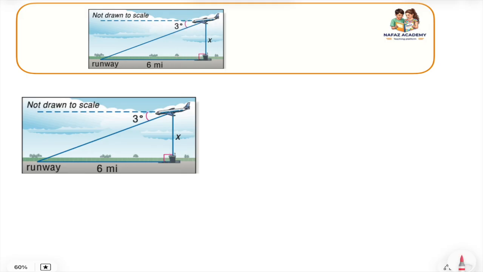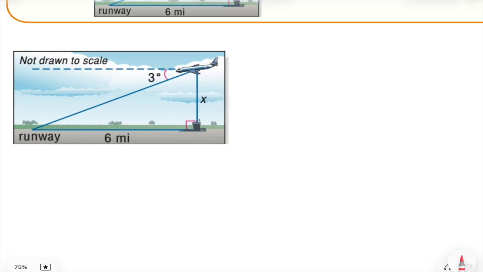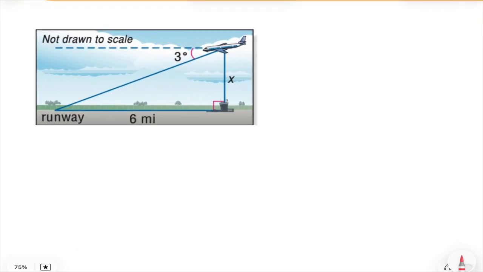Okay, here is a bigger figure. It is 90 degrees, yes. And the angle outside of the triangle is given, and it is a horizontal line, and this one is also a horizontal line, and these two horizontal lines are parallel.